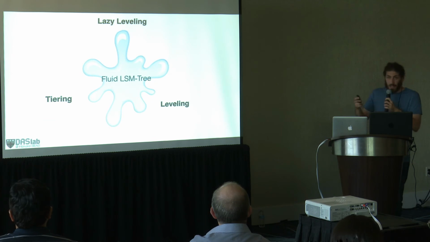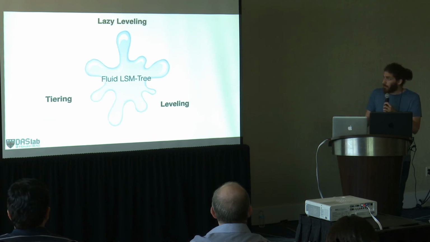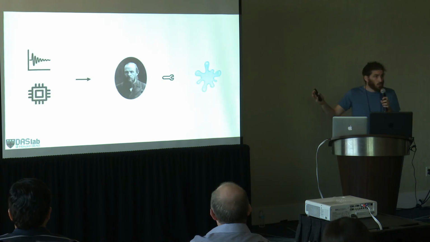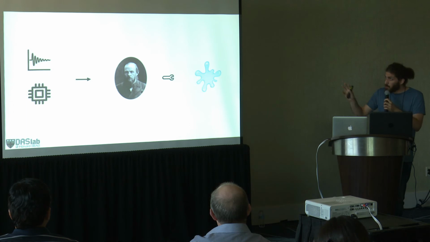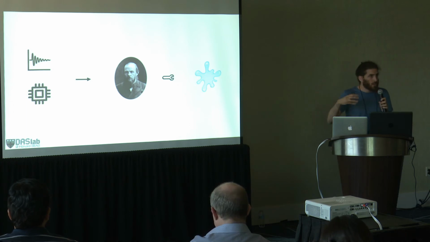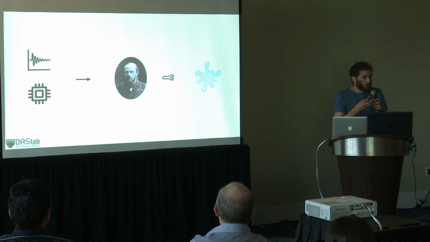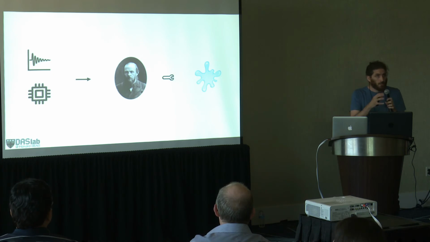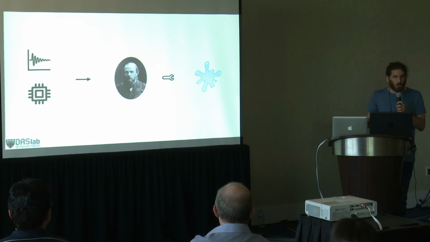That allows you to assume all the different designs that exist today: lazy leveling, leveling, and tiering. And Dostoevsky is a system that analytically finds the best tuning for these parameters of fluid LSM-Tree. It does that by iterating over a closed-form model and finding the best tuning with respect to a particular application workload and hardware.